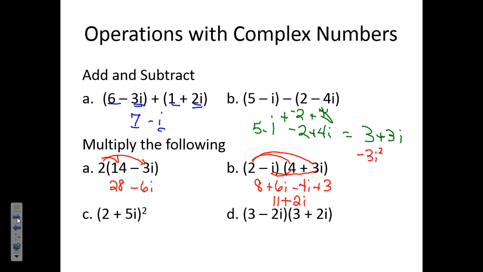Okay, next we have a complex number that's being squared. 2 plus 5i quantity squared. What does that mean?